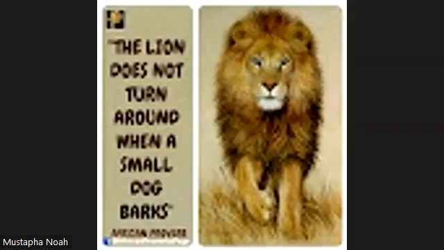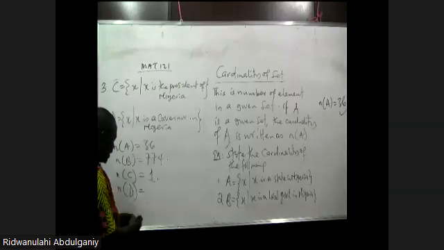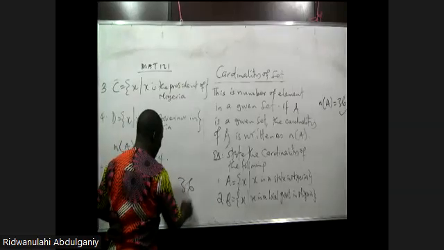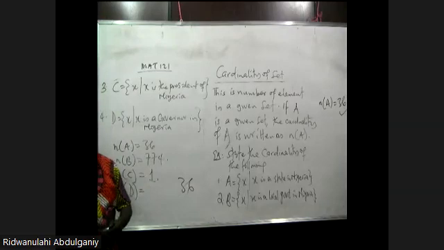X is a governor in Nigeria. The cardinality is going to be 36, sir. I disagree with you. You should have known that for me to announce the marks before you state the answer, there is something special about the question.